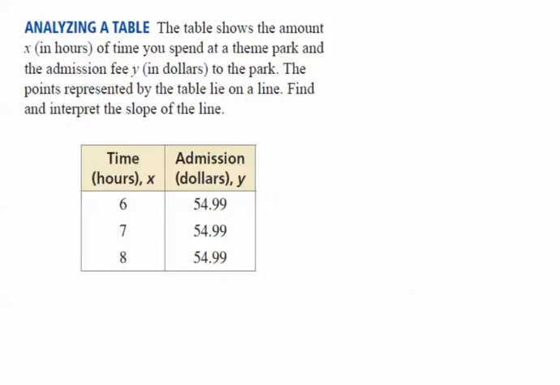So in this case we don't have a change in y. So if we were looking at the table, we would have 0 change in y as x goes up by 1, and so we would end up with m is equal to 0 over 1, which is 0. One way of looking at it is that no matter how long you stay, the admission price is the same.